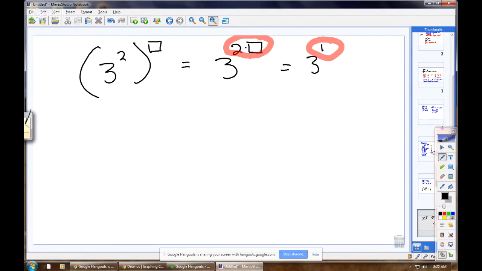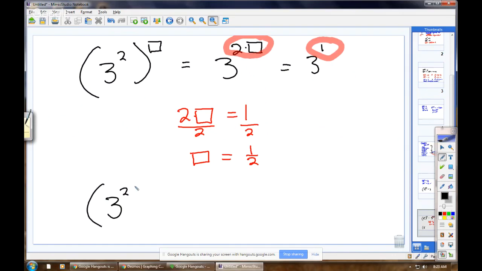So I can whittle this down now to say, well, that means 2 times some number has to be 1. To solve for this missing number, we would divide both sides by 2. And we get that missing number has to be 1/2. Okay, let's put that back in and see if it makes sense. If we take 3 and raise it to the second power, and then raise that to the power 1/2, that's going to give us 3 to the power 2 times 1/2.